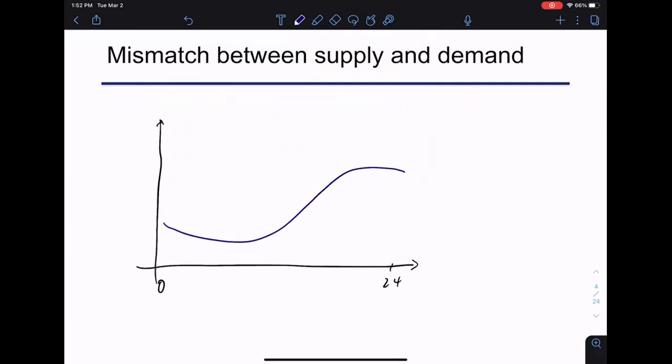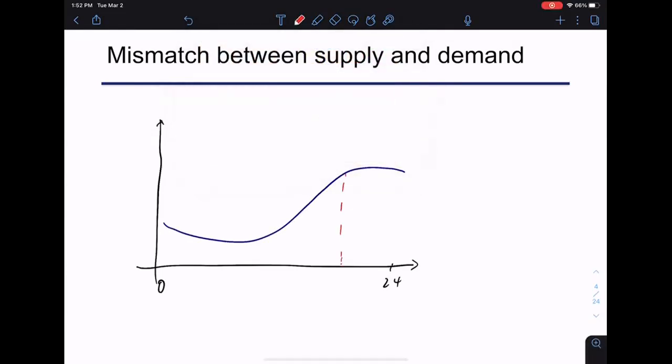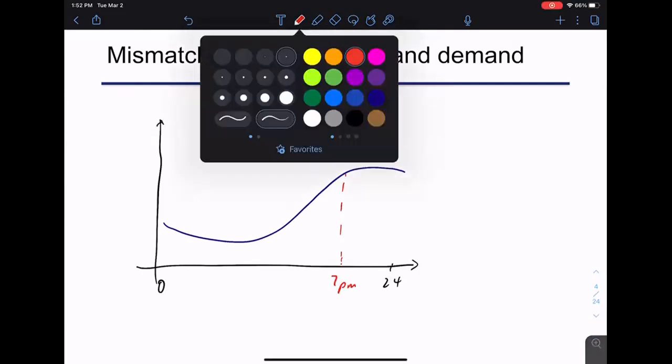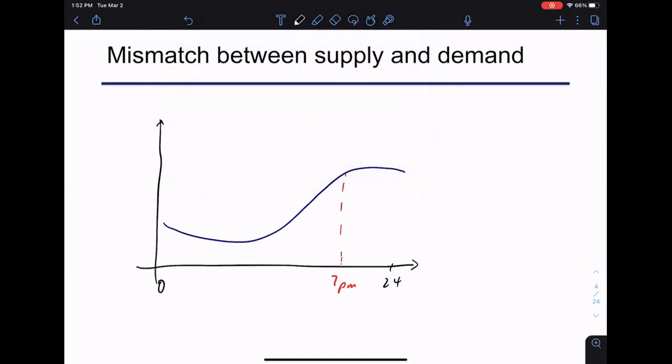The peak is normally around 7 p.m. This is our typical day curve, with a low at about 4 a.m. If you're a grad student, your curve may look much different than this, but this is the aggregate curve we have in the US.